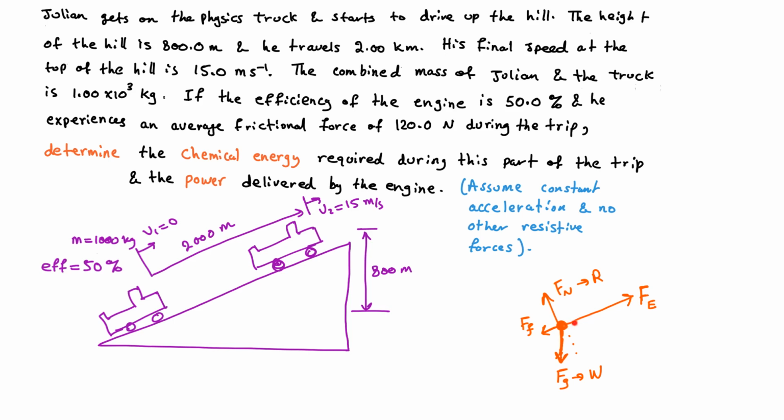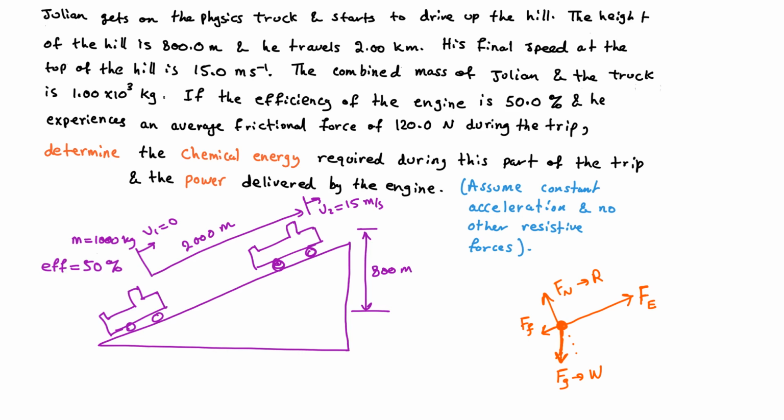We know that the engine force is acting in the same direction as the displacement, and force of friction is acting exactly opposite to it. And there is the reaction force or the normal force acting, but it's 90 degrees to the direction of displacement, and therefore it doesn't do anything in terms of work.